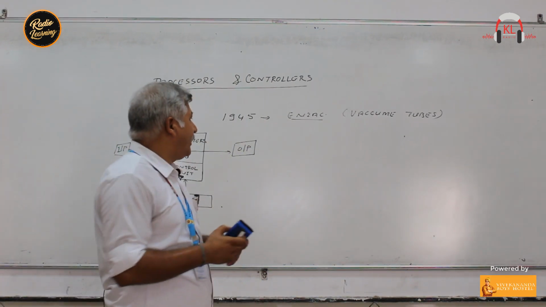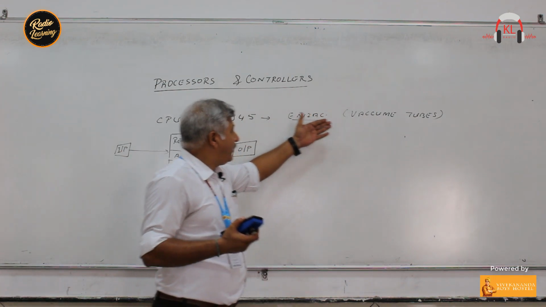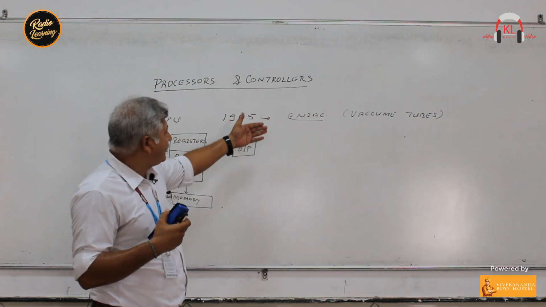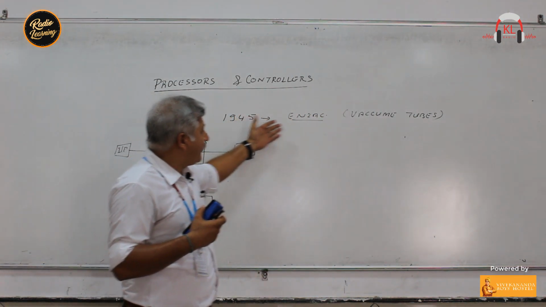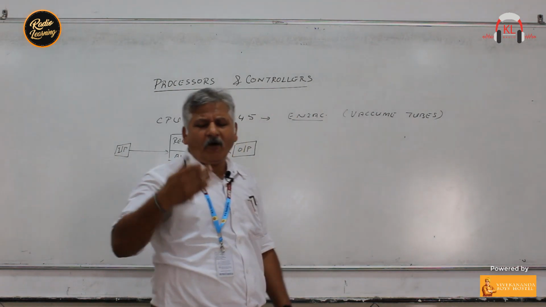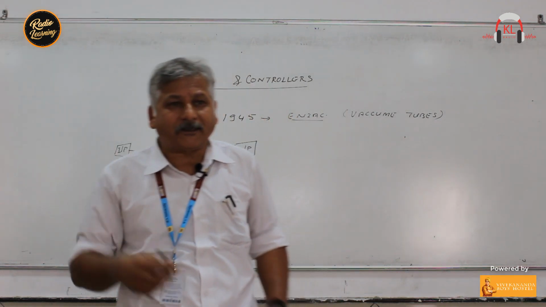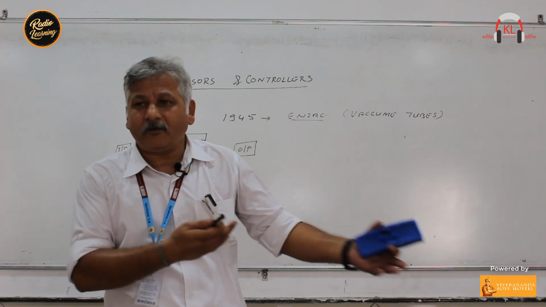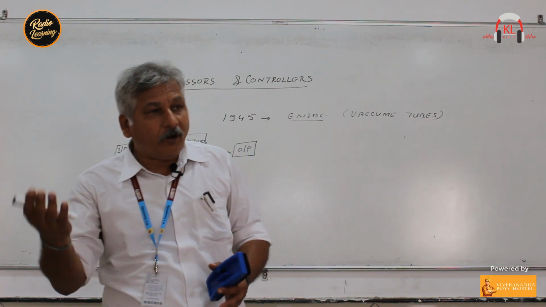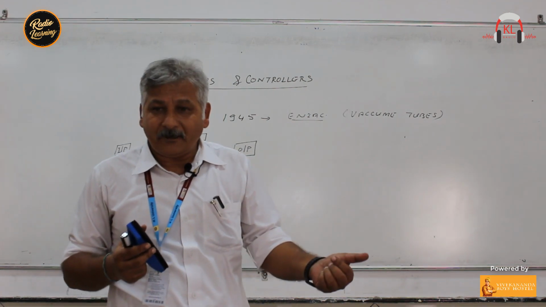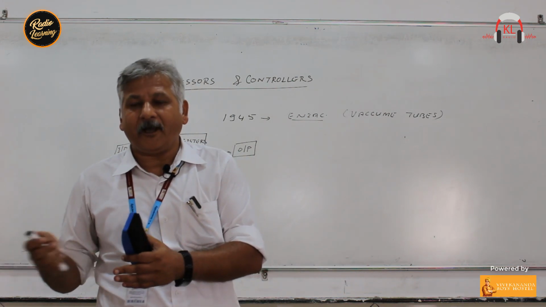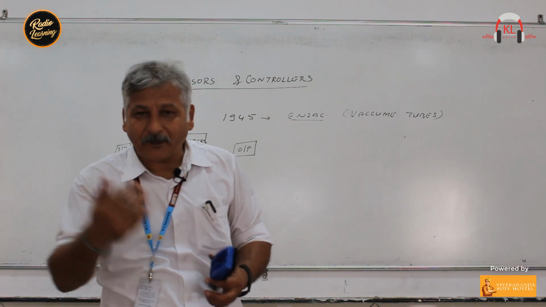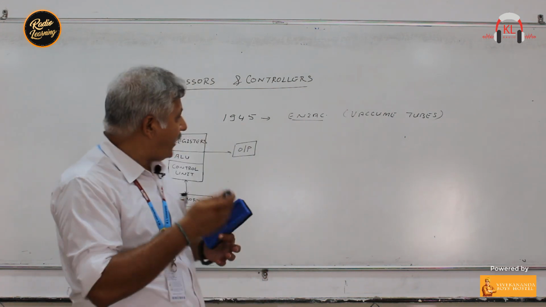So during the operation of this digital processor, on average, after every 20 minutes one vacuum tube failed. Then you have to call the engineer, he has to rectify that problem, and again you have to start the operation. Again after 20 minutes some other vacuum tube will fail. So that was the problem.